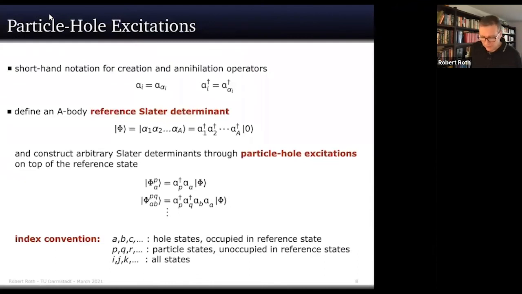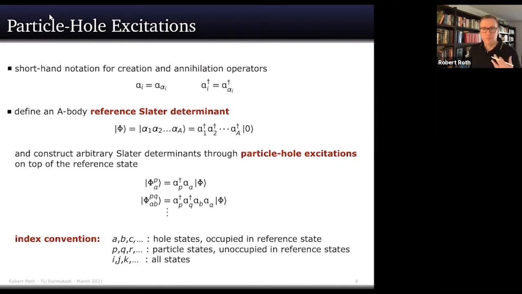It goes back to our second quantization discussion in the beginning. You remember we discussed these creation and annihilation operators, and my original notation had this full single particle label alpha i as a lower index. I'm getting rid of that now and simply call the annihilation operators a_i and the creation operators a_i dagger. So I leave out the alpha. And already after we introduced these creation and annihilation operators, we discussed this particle-hole type picture.